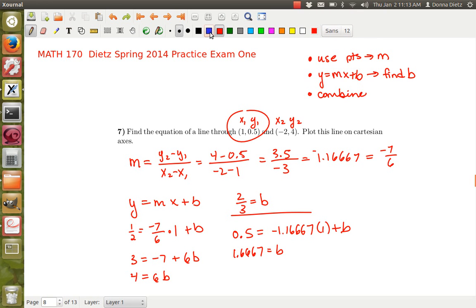Aha! So I paused to find my mistake. Did you find my mistake while I was doing that? There's my error. This is wrong. I had to actually add 7 to both sides, so I would have 13 equal to 6b. And b would then be 13 over 6, not 2/3.